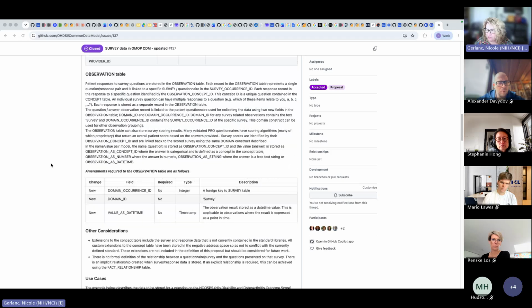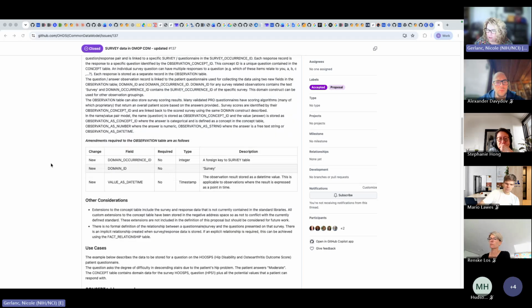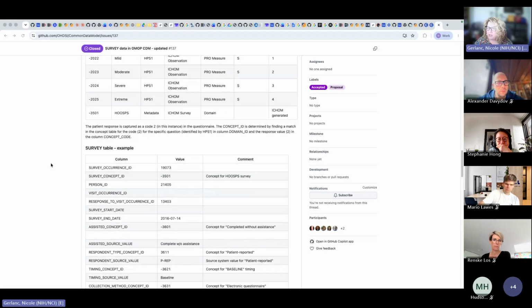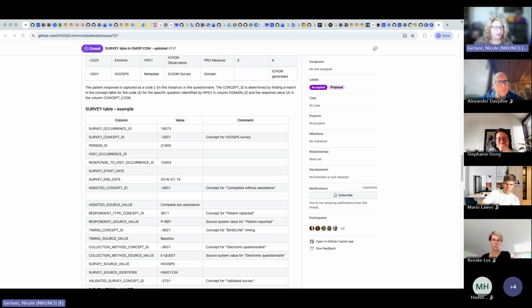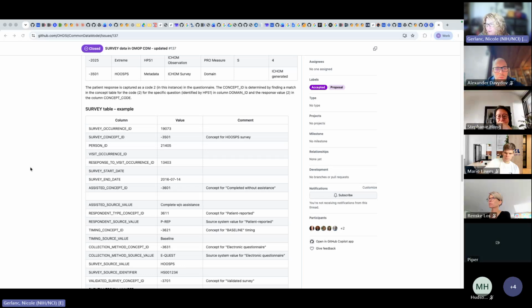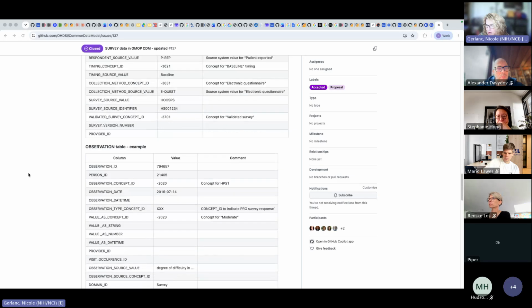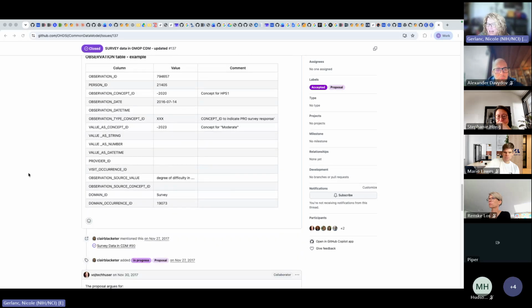They do have some suggestions for the observation table and the concept table, and then give some examples of what it would look like. But as best as I can tell, all of the documentation for this is basically this issue.